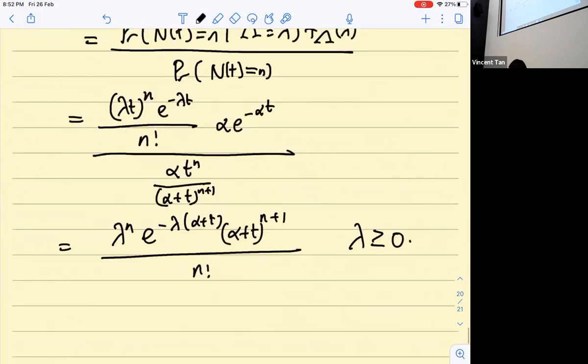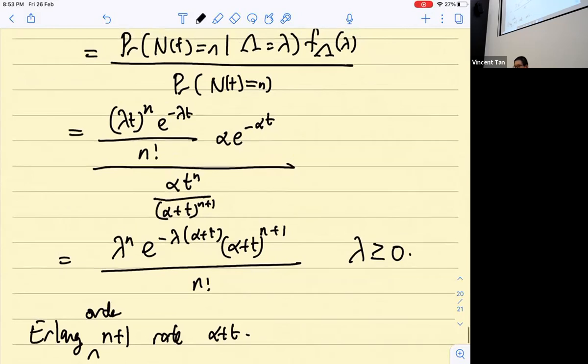So this guy has a name. This is Erlang of order n plus 1 with rate alpha plus t. Once we identify with this distribution, the Erlang distribution, we are safe. Because I'm very afraid that people here would do a bunch of complicated manipulations, and in the end end up with a distribution that does not add up to 1.